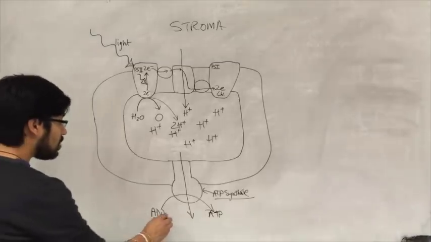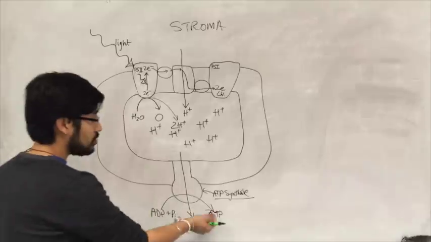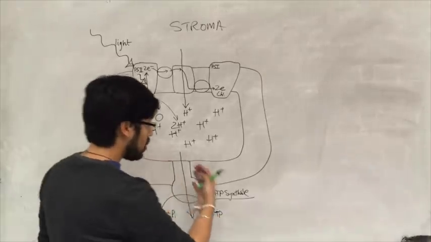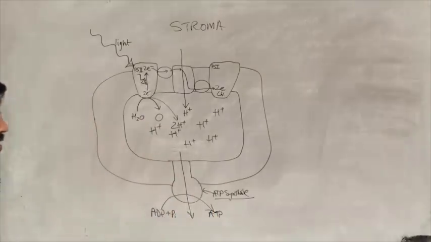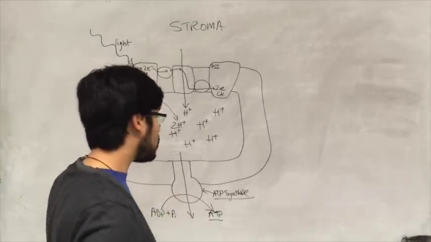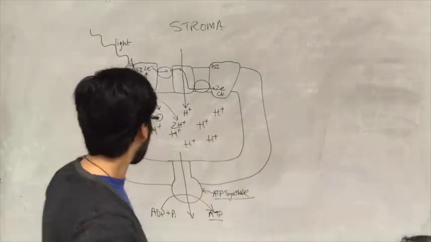So ADP is combined with a phosphate group, a third phosphate is joined on to make adenosine diphosphate into adenosine triphosphate. And adenosine triphosphate is a high energy molecule, which you can break down later to release the energy to make something else happen.